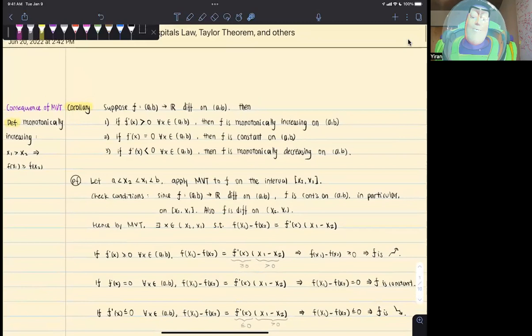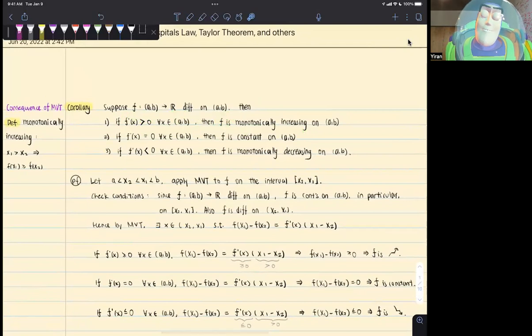So what I'm trying to say for this corollary is, given the derivative of f for all x on this interval (a, b), if for every point on this interval the derivative of f is strictly positive, then we know the behavior of the function on this interval, which is monotonic increasing.